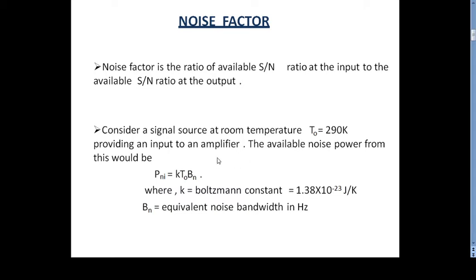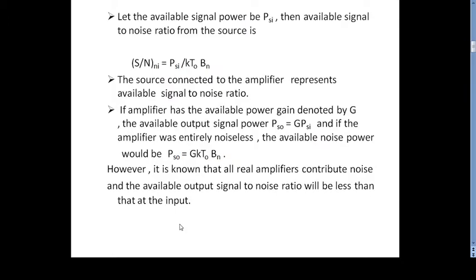The available noise power at the input is calculated as k T0 Bn, where k is the Boltzmann constant of value 1.38 times 10 raised to minus 23 joule per Kelvin, Bn is the equivalent noise bandwidth in Hertz, and T0 is the temperature in Kelvin.